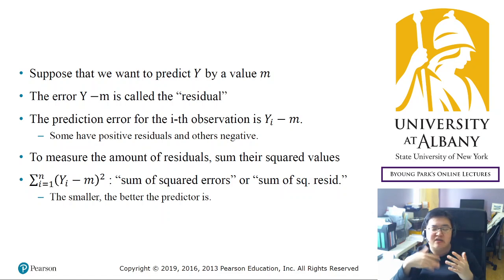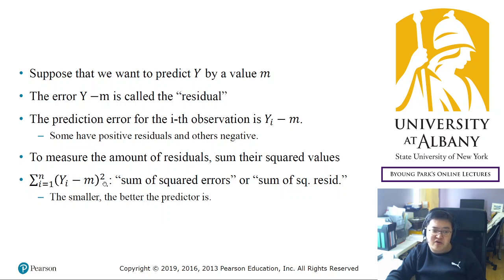To avoid those cancel outs, we do not simply sum them, but we sum their squared values. We sum them after taking squares. So mathematically, you can write it this way. yi minus m is your prediction error for the ith observation, and square that. For each i, you can calculate those squared errors and sum them. Then it is called the sum of squared errors or the sum of squared residuals.